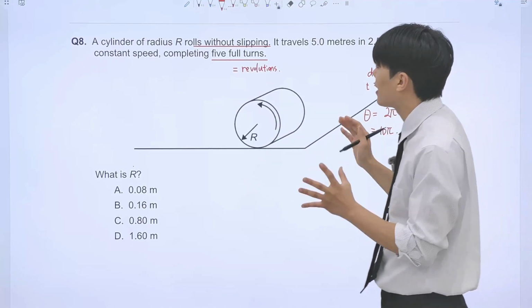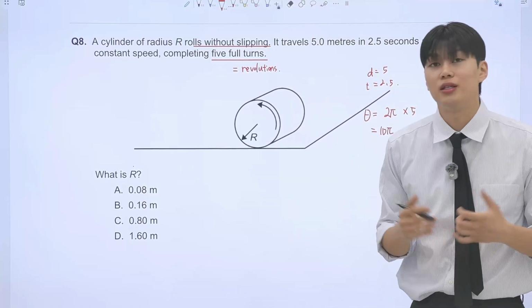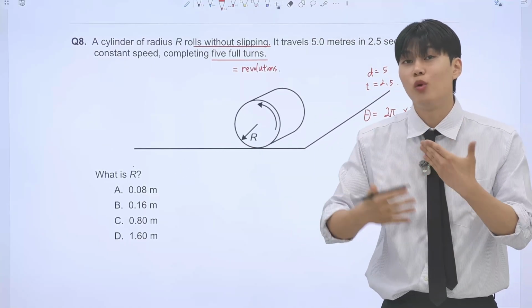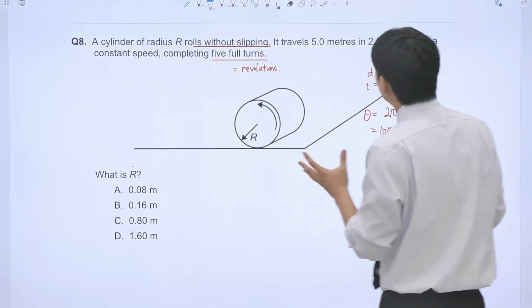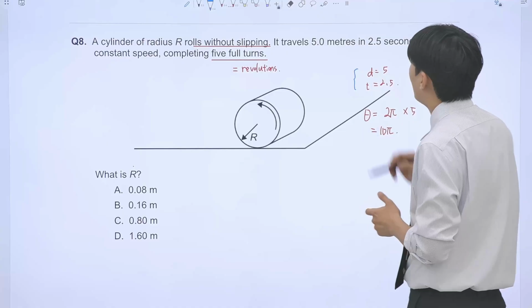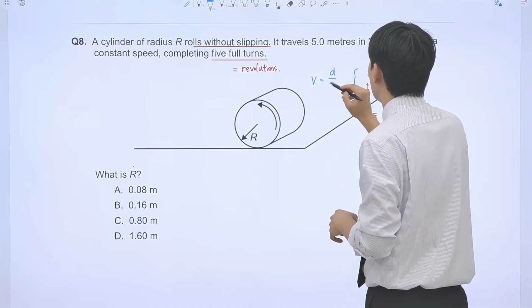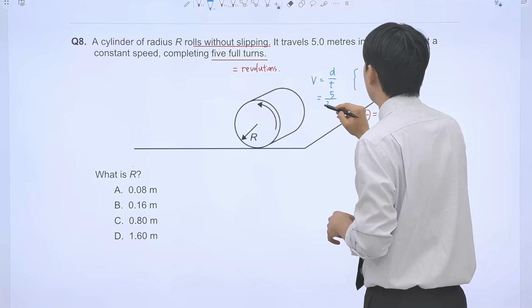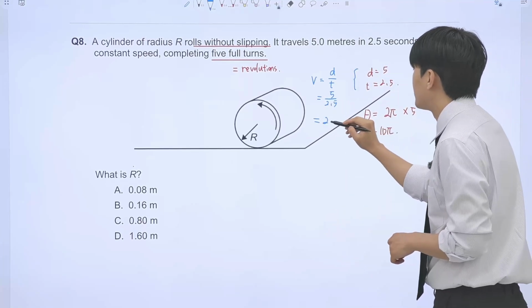Looking at these four things, it's almost impossible to find the link, so you have to be more flexible. What they actually give is distance and time, so we can find the velocity, because v equals distance over time. That's 5 divided by 2.5, which is 2 meters per second.